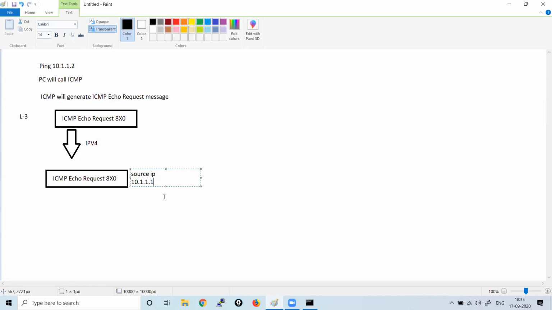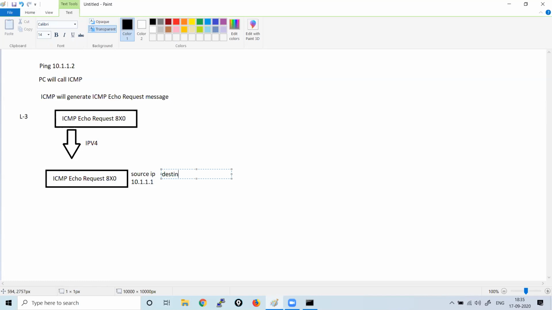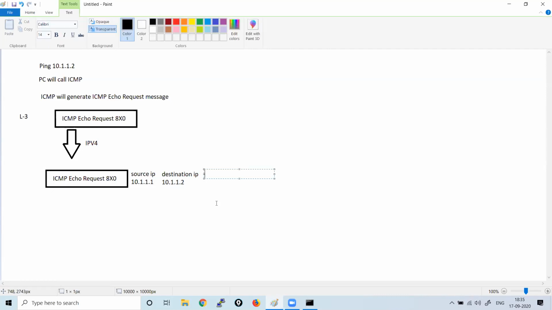Now, what would be my next field? Destination. 10.1.1.2, correct? Now, what would be my next field? Protocol. What is the protocol number for ICMP? It is 1. Am I clear?